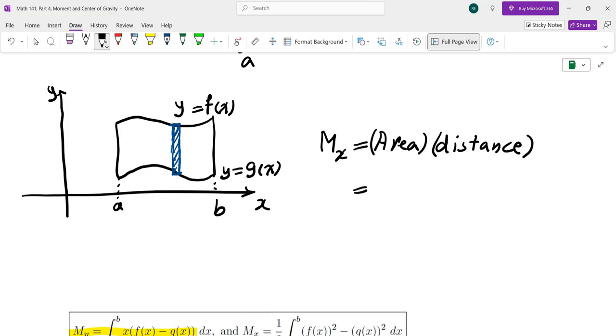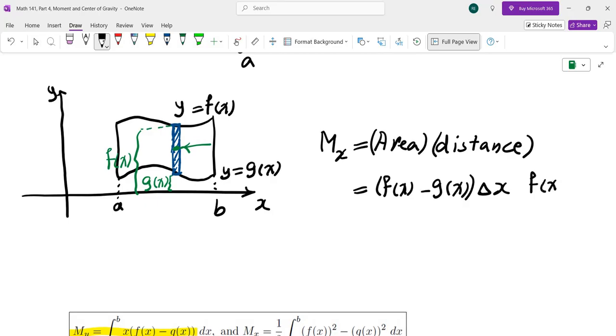Area is the same thing. Area is f of x minus g of x times delta x. Distance, well, distance is a little bit different. This one here is g of x, and this one here is f of x. So the largest distance is f, and the smallest distance is g. The center of mass of this is in the middle. So it makes sense to say that the average distance is f of x plus g of x over 2.